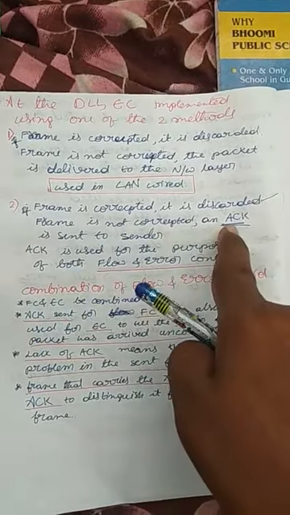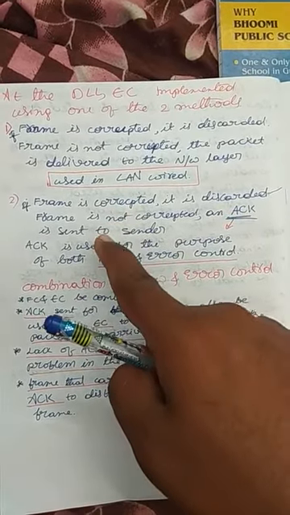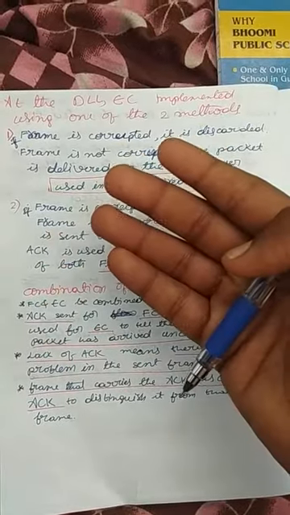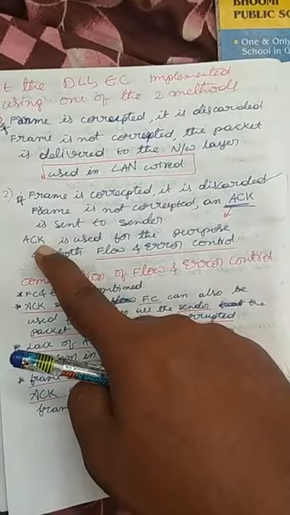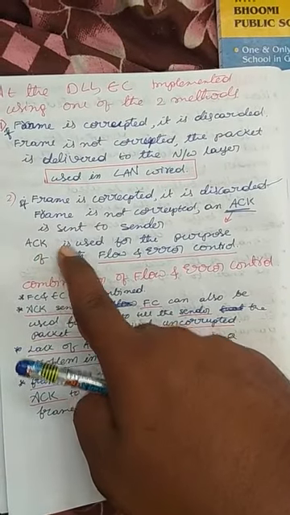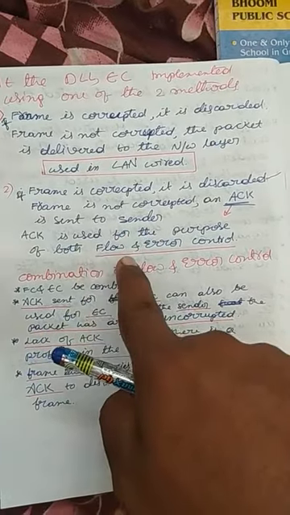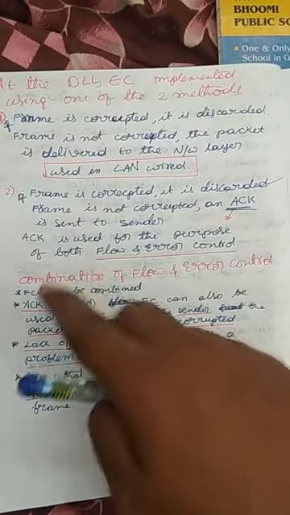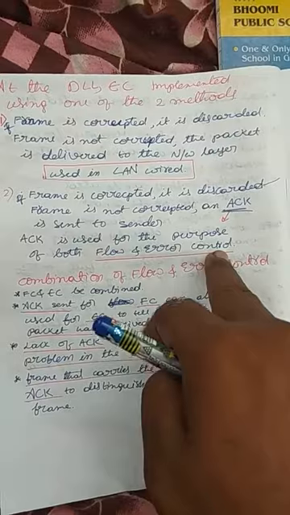By sending the acknowledgement, it indicates that the receiver successfully received what we sent, and the frame is not corrupted. This acknowledgement is used for the process of both flow and error control. Means we can use this acknowledgement for flow control and also for error control.